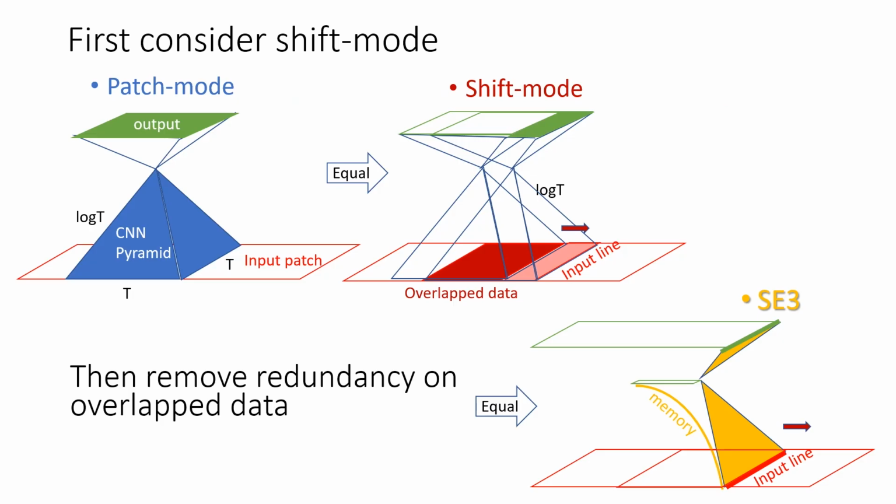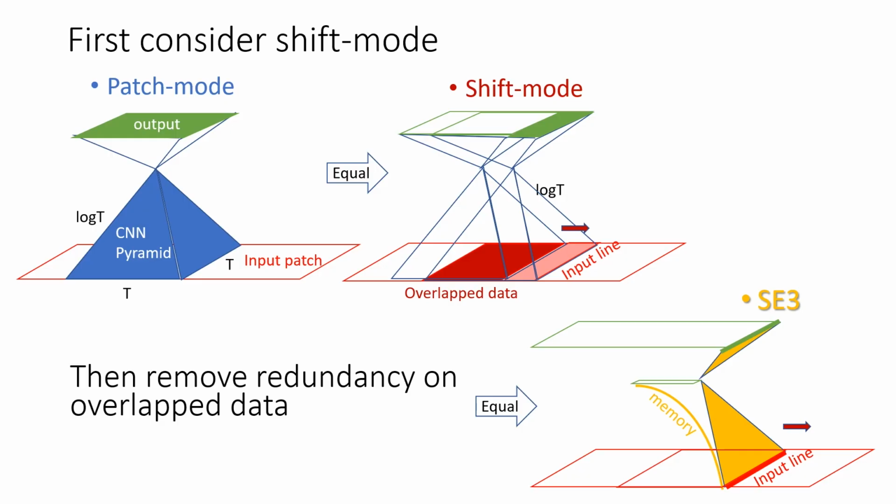edge devices. The way to achieve such a shift mode is to have the patch mode network moving on the data, moving on the images line by line. Here we have the encoding and decoding part. Every time we advance one line, and produce one line of labels. In such an operation, we have a large overlapped region between two consecutive network positions.